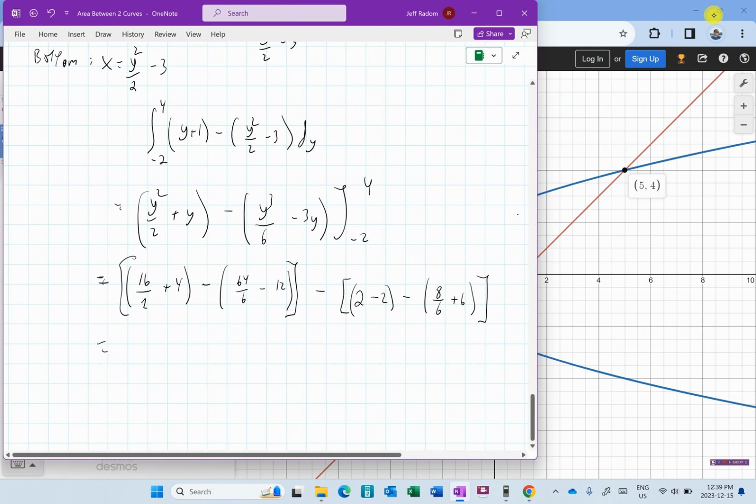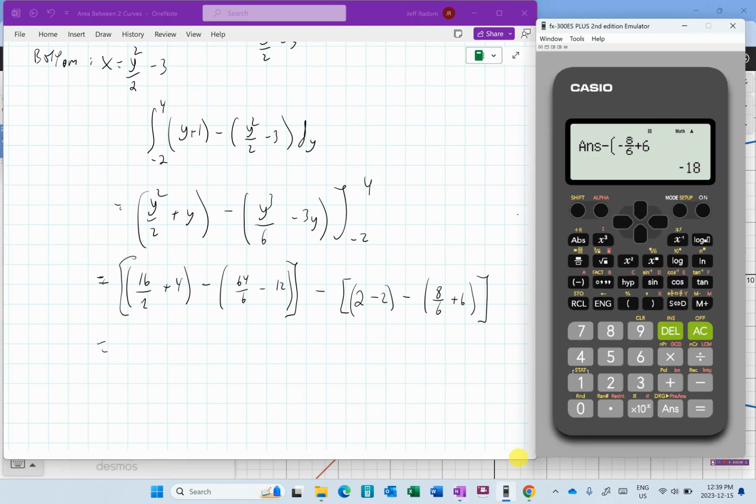Okay, now putting this in the calculator. So 16 over 2 is 8, so 8 plus 4, that's just 12, minus another bracket, 64/6 minus 12, close, close, minus, well, that's just 0, so minus negative 8/6 plus 6, close, close.